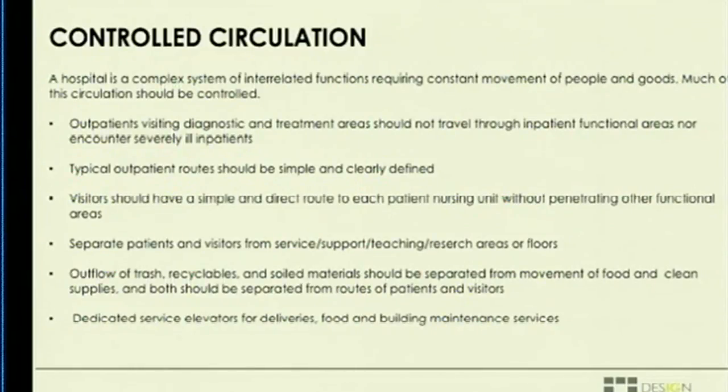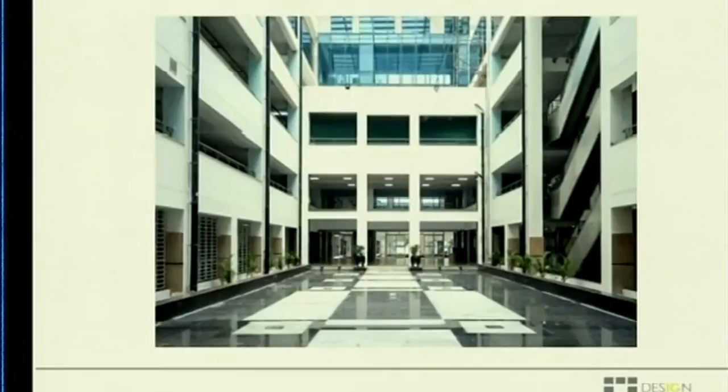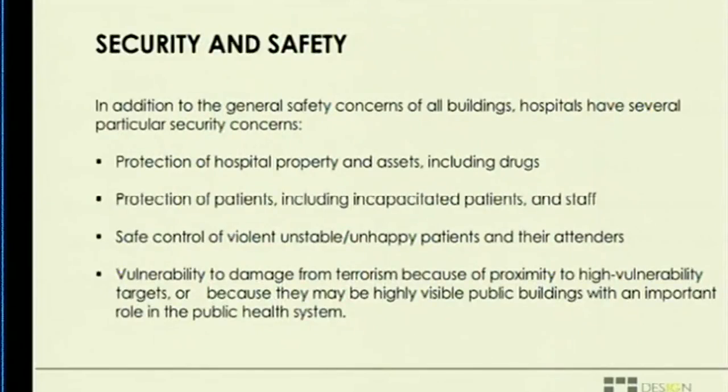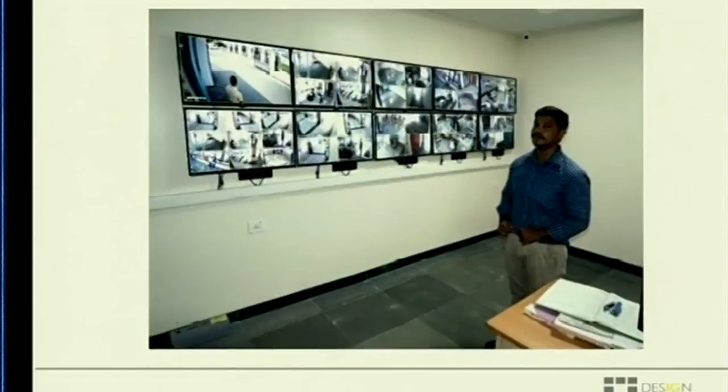You have to segregate the functions so that the patient is not unnecessarily exposed or taken into areas where he need not go. Security has now become a major concern, which we wouldn't have thought of.